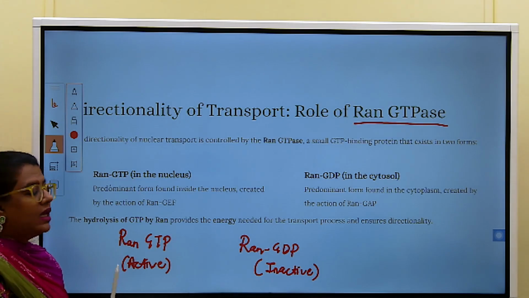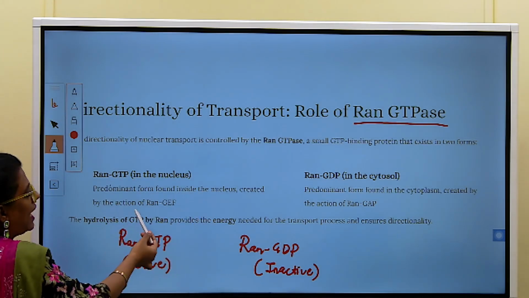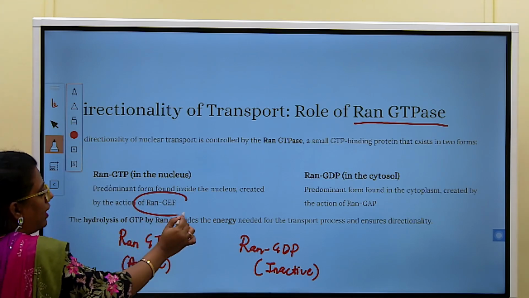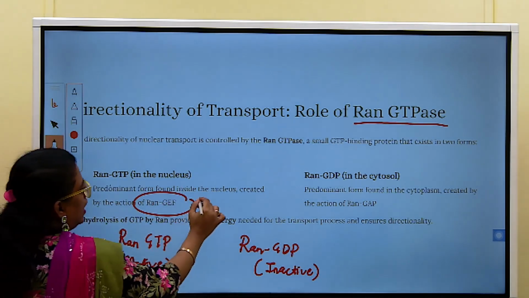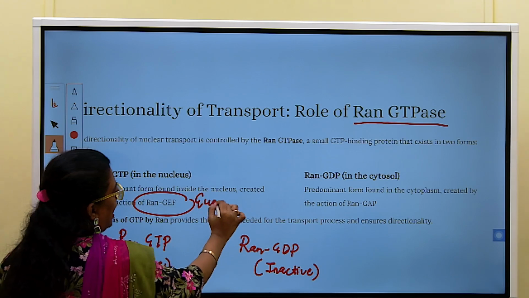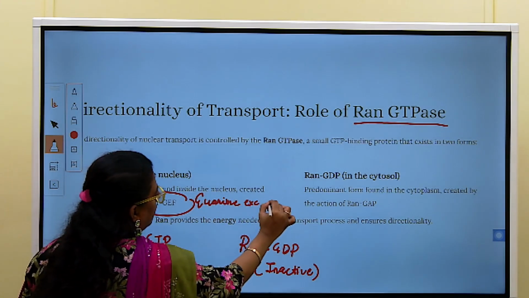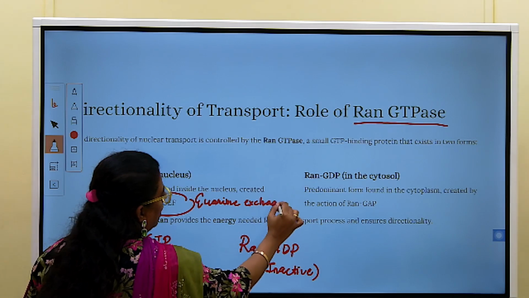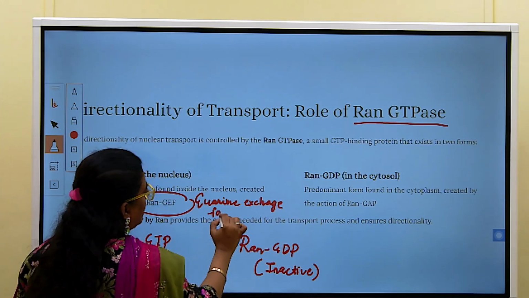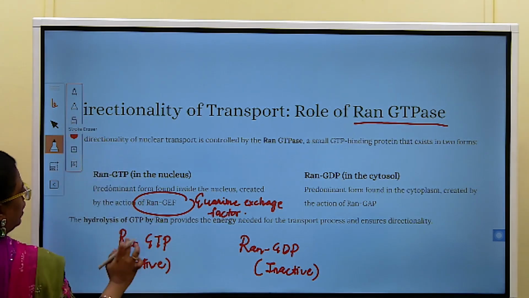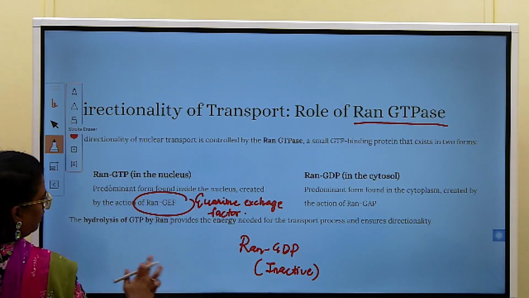RAN GTP is created by the action of RAN GEF. What is RAN GEF? It is the RAN guanine exchange factor. So what is the function of RAN GEF?